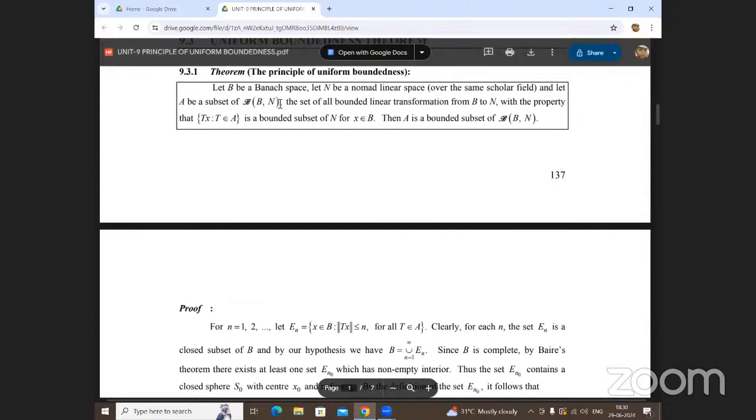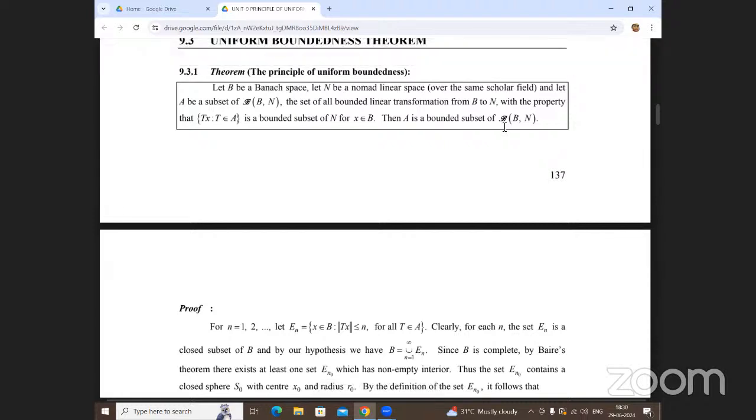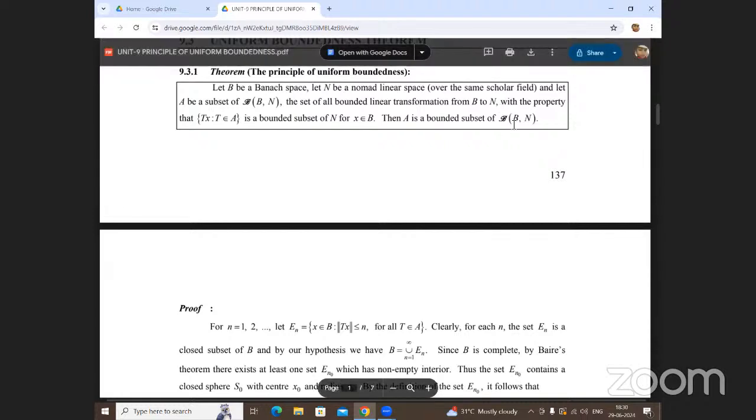Here, what is capital B? Capital B is a Banach space and N a normed linear space. Script B is any one of the linear transformations between the Banach space and the normed linear space.